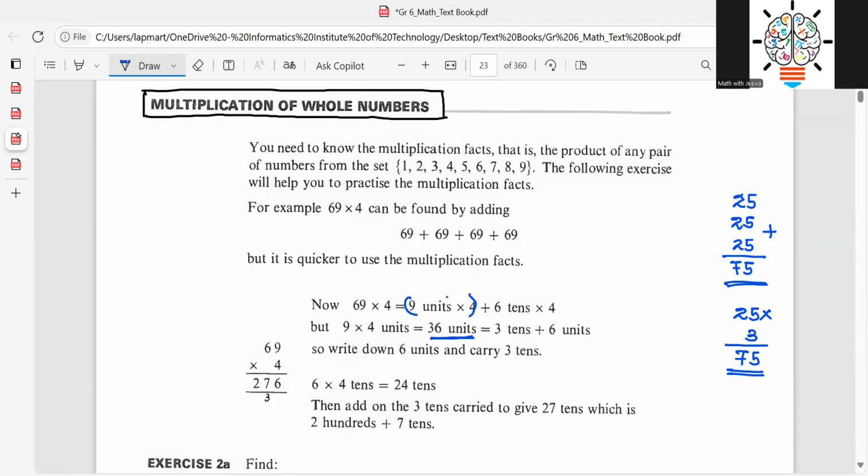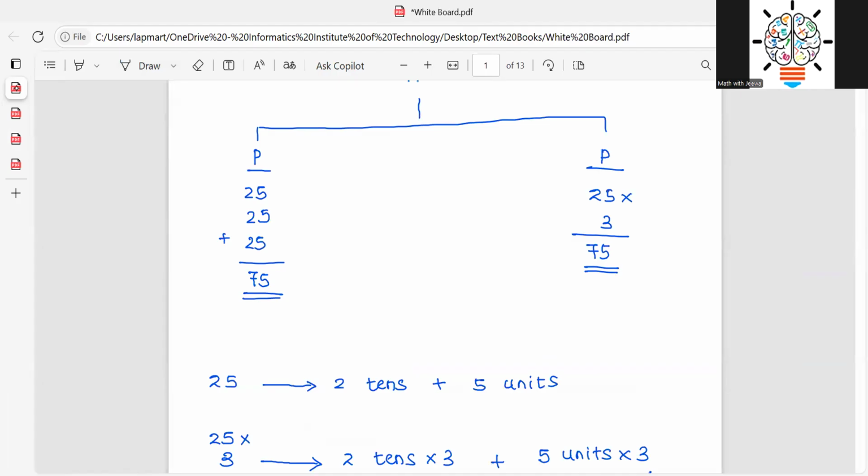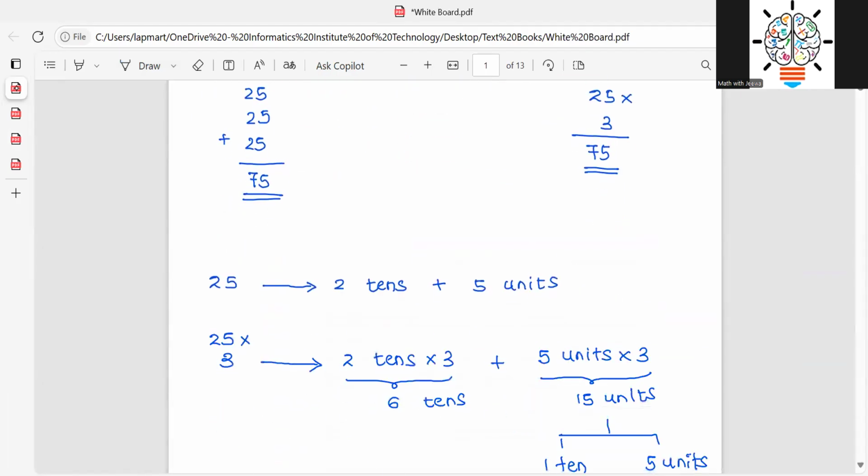They divide 36 into 3 tens and 6 units. And 6 tens into 4 is 24. That 24 and this 3 make 27, right? So then 27 tens. Don't worry, I will explain this. This is a fantastic example. I hope you first try to understand this.